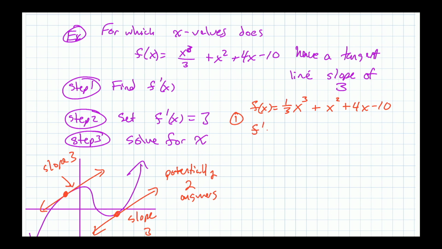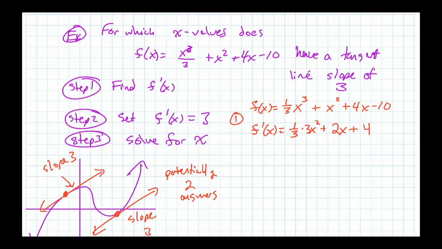You just take the derivative. So 1/3, and then the derivative of x cubed is 3x squared. Then we have the derivative of x squared, which is 2x. Then we have 4x, and the derivative of 4x is 4. And then we have minus 10.